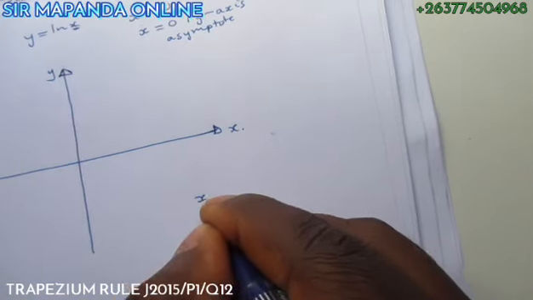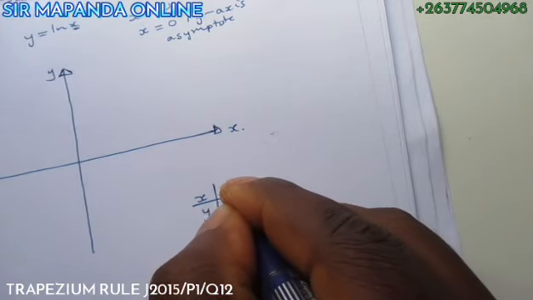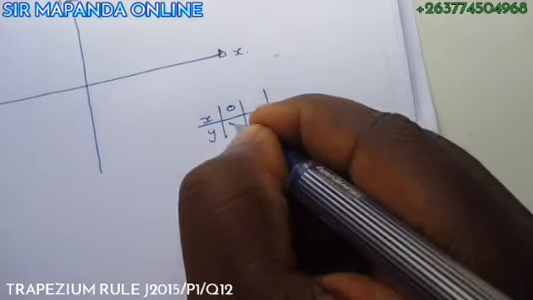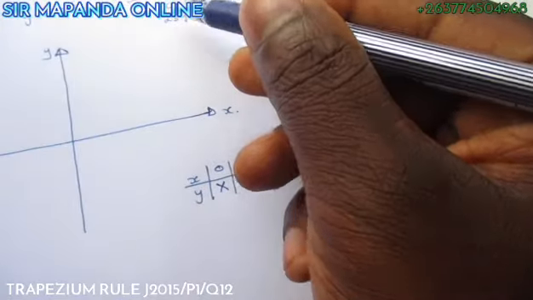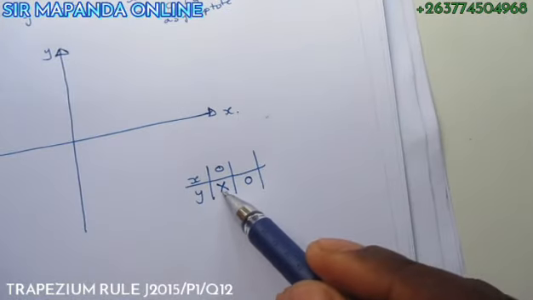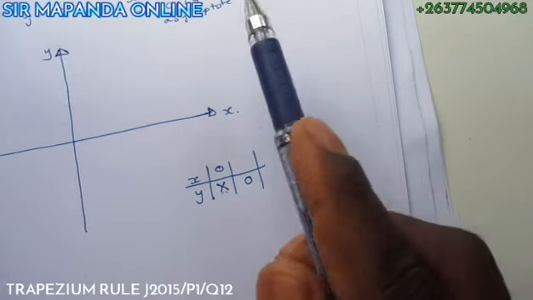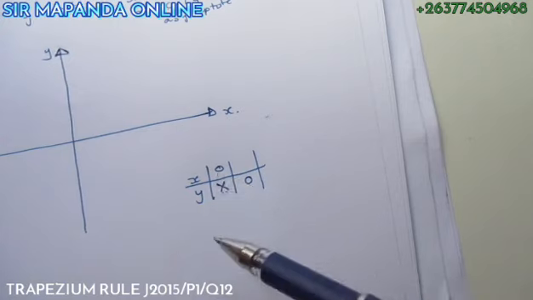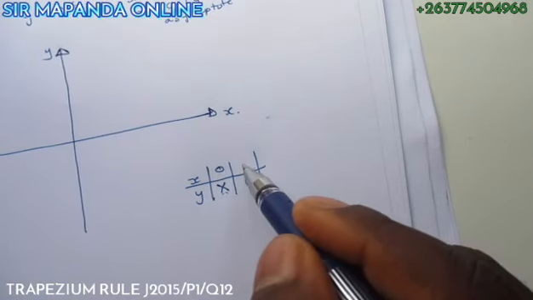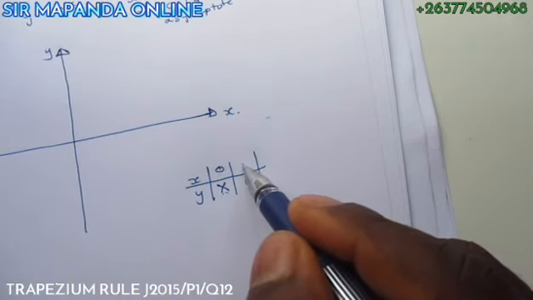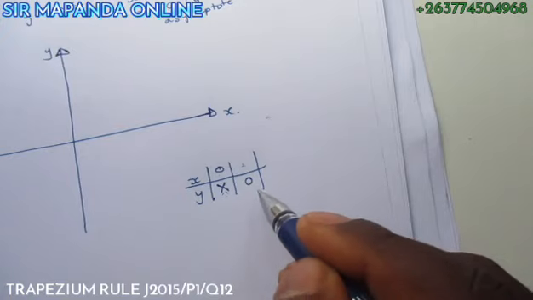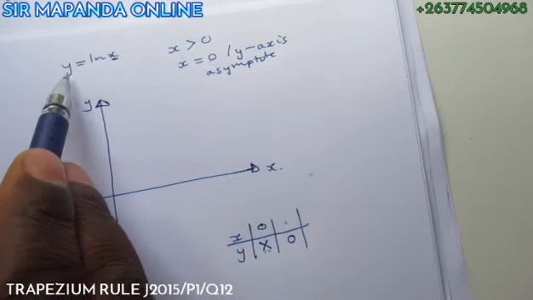So the intercepts are derived from the table of values, of which this one we are going to leave, since when x is 0 there is no value of y, as x equals 0 is an asymptote. Right. So we now want to find the x-intercept, where the graph is going to cut the x-axis. This is going to be achieved by placing 0 on y.